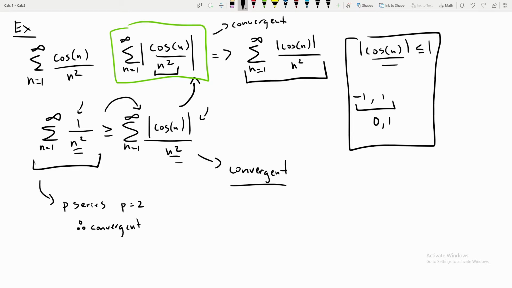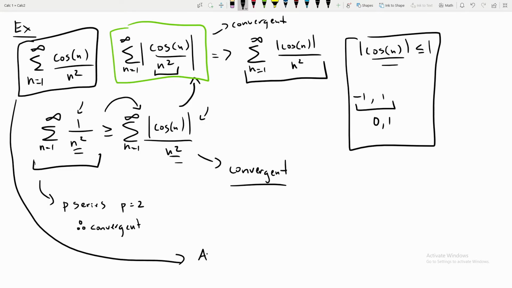And if the series of the absolute values is convergent, that means that the starter series we got is going to be absolutely convergent. And if it's absolutely convergent, then we can easily conclude that this series is also going to be convergent.